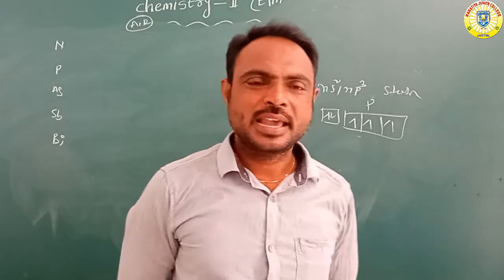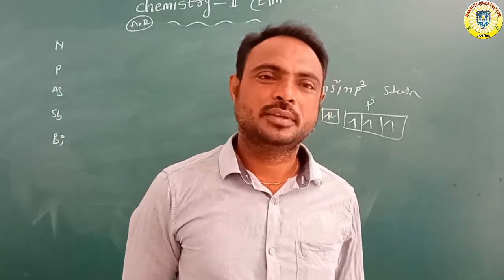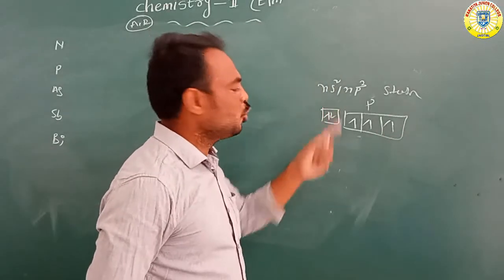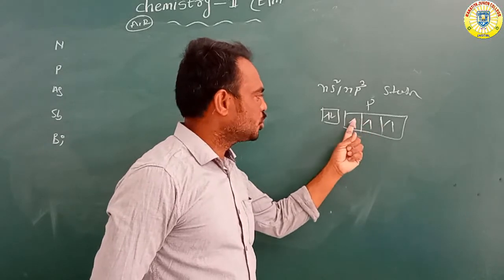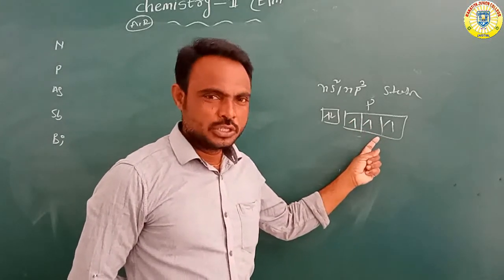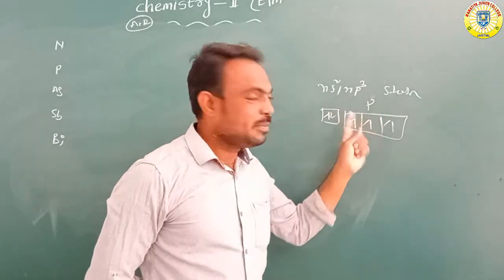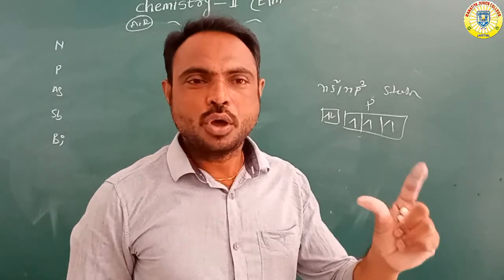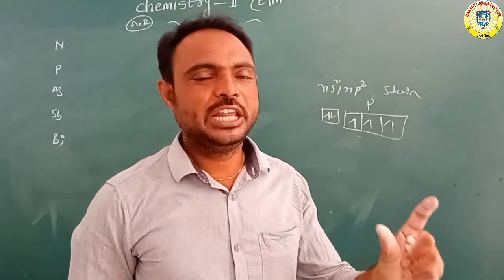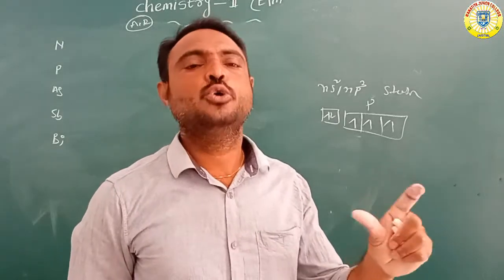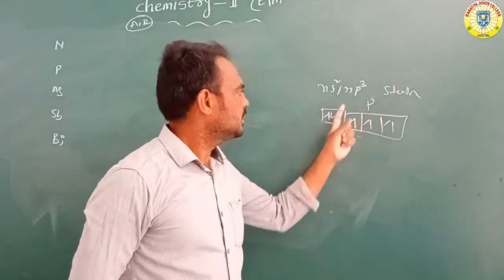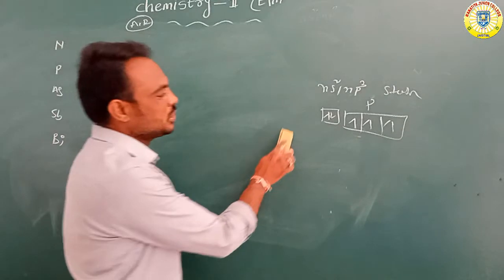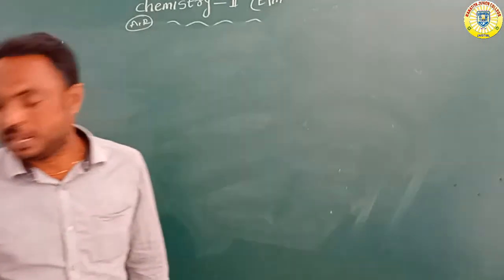Noble gases have completely filled orbitals, so those elements are stable. At the same time, these group elements have a half-filled p orbital, so these elements are more stable. So np3 means half-filled, and that's why these compounds are more stable.